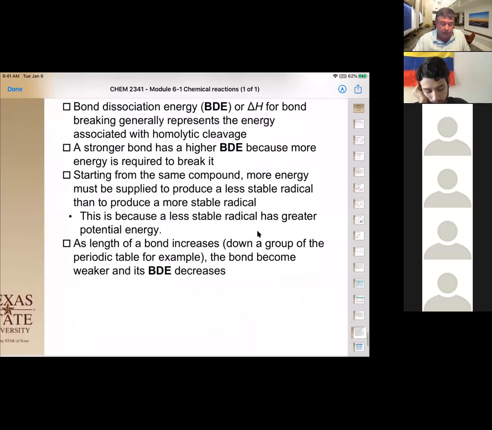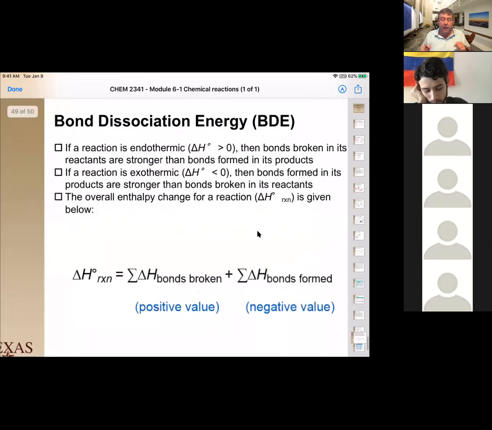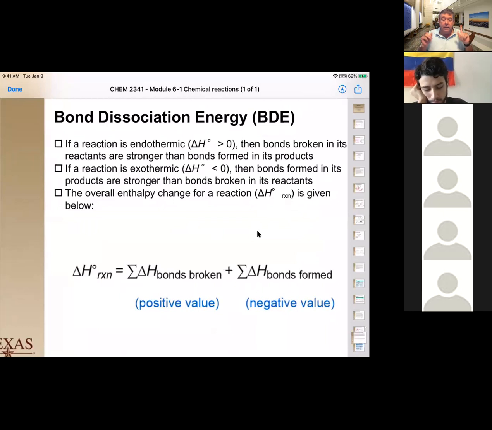So the general idea is that if a reaction is endothermic, the change in enthalpy is positive, meaning that the bonds you've broken have more energy than the bonds you've formed.